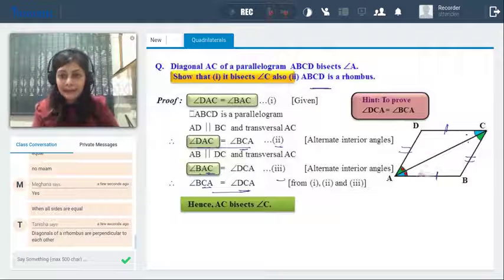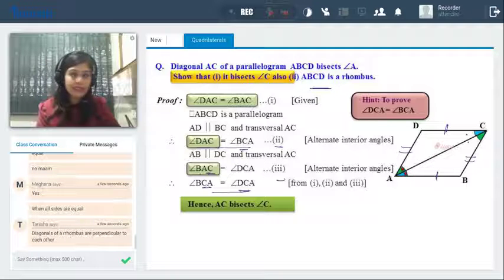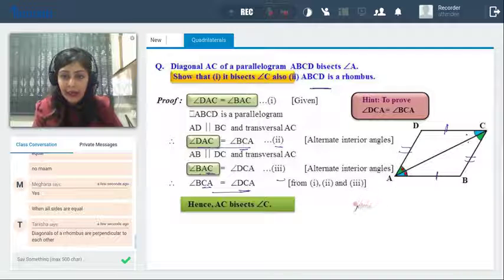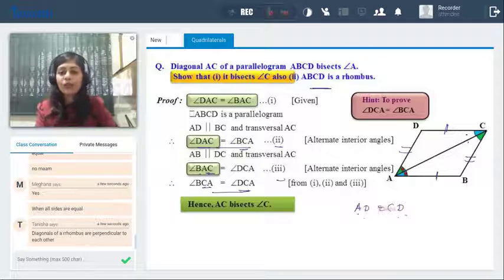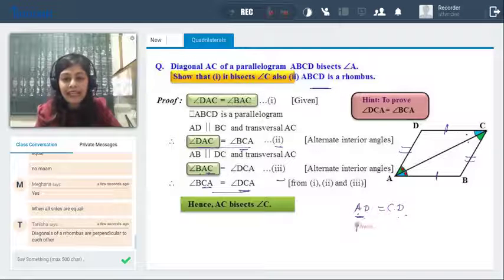So students, pay attention. We already know that opposite sides are equal. Yes, so if somehow I get AD equal to CD, if somehow I get AD and CD congruent to each other, then since AD is congruent to BC, even BC will be congruent to CD.